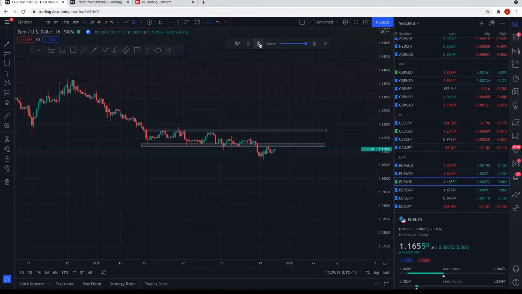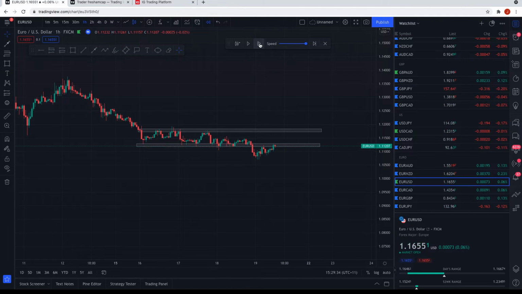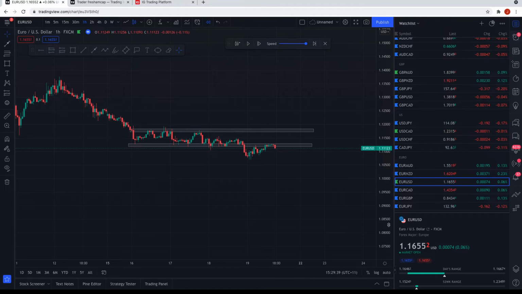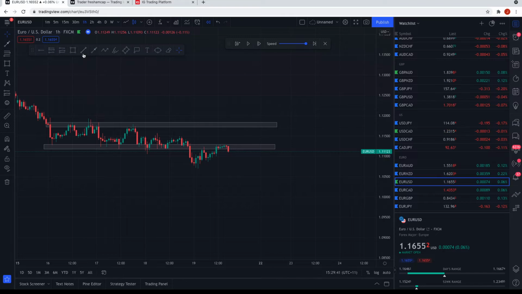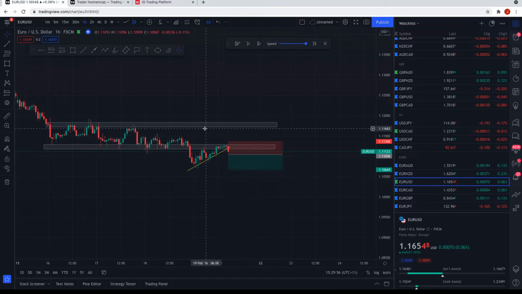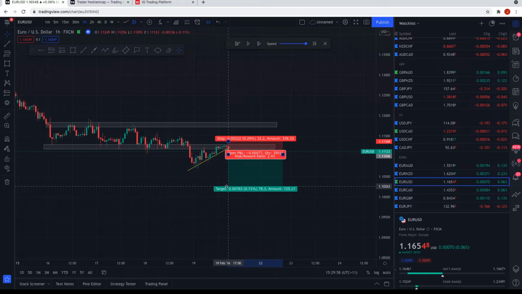Let's see what happens here. Okay, so I do like this. We have this trend that's formed on the retest with this higher high, lower, higher high. So we just need to see price break this trend, which it has. And then it's showing that engulfing candle. So let's see if we can keep going.